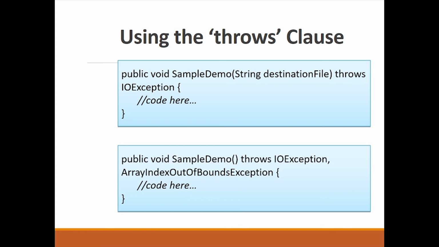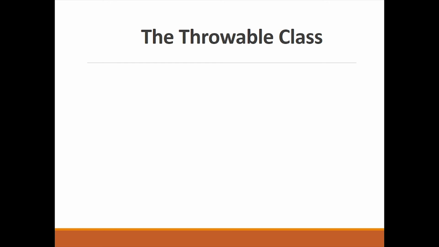So we also have public sample void throws IOException, ArrayIndexOutOfBoundsException. So you can also place more than one exception in the list if you must.